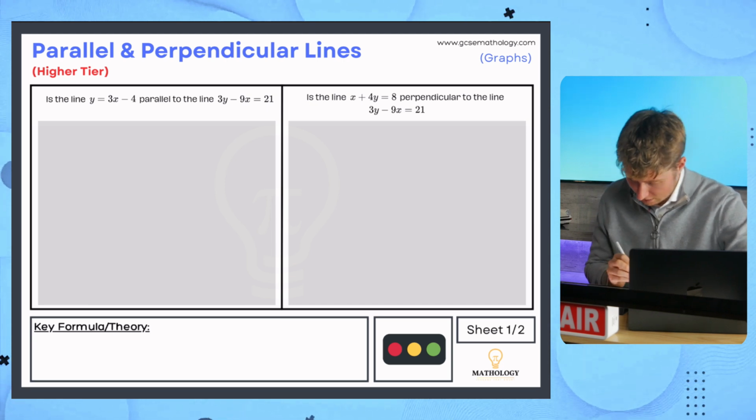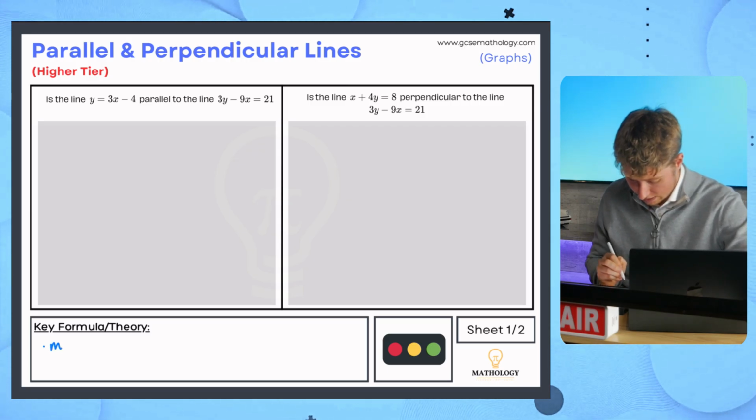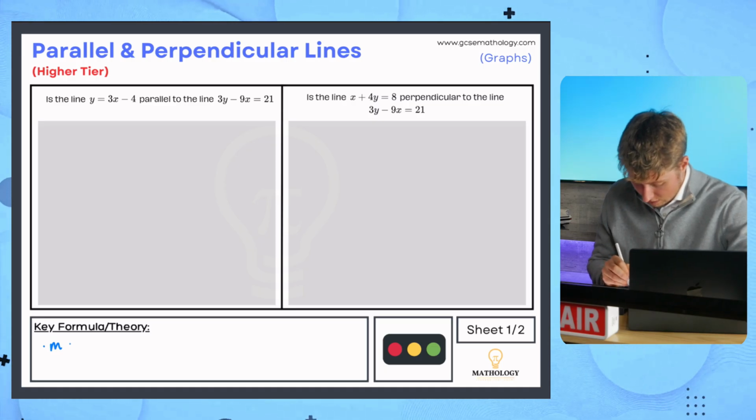So for parallel lines, the gradient, which is signified via an m, which we covered in last video's lesson, m is the gradient.